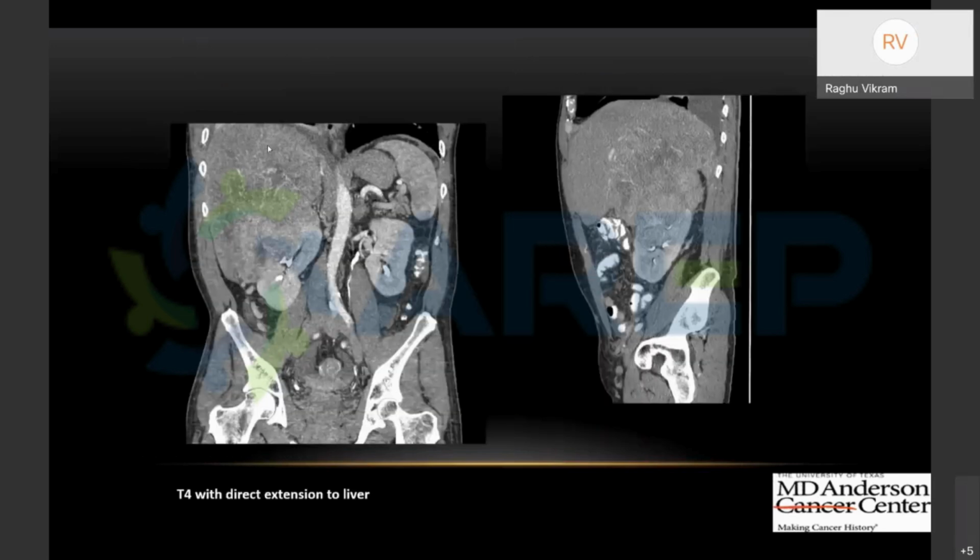In this case, we could trace some of these vessels back to the hepatic vessels, so we could tell that this was clearly involving the liver. But we do find very large tumors displacing the liver, and then when they go in to resect it, they find that the liver is not involved.